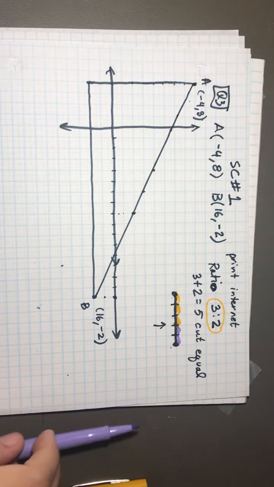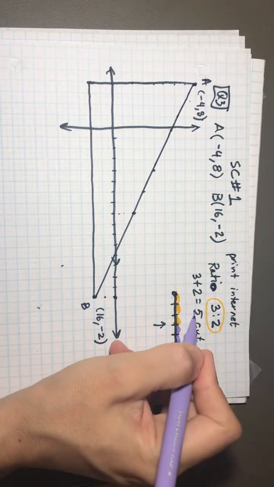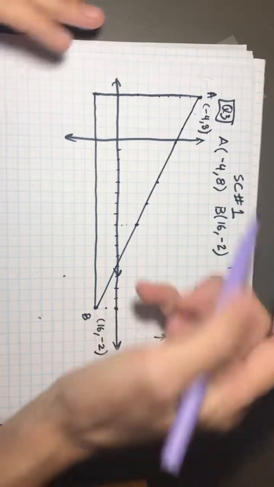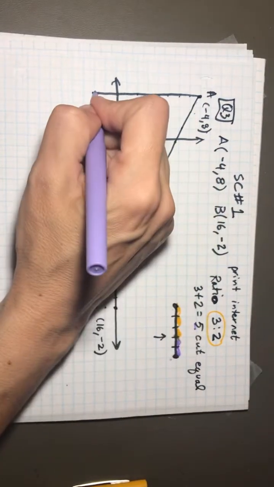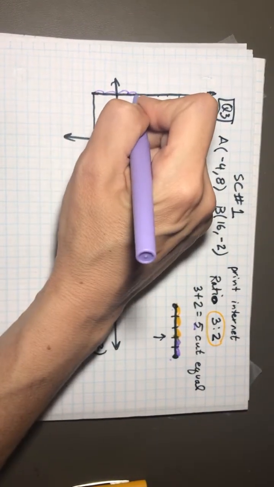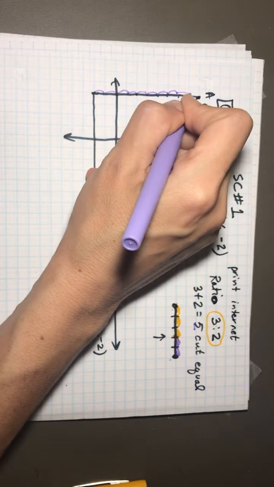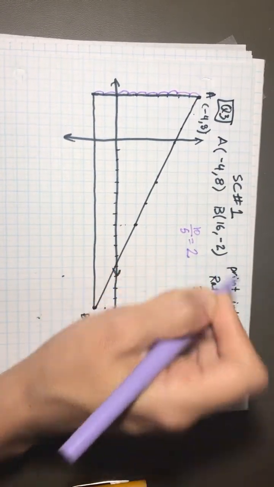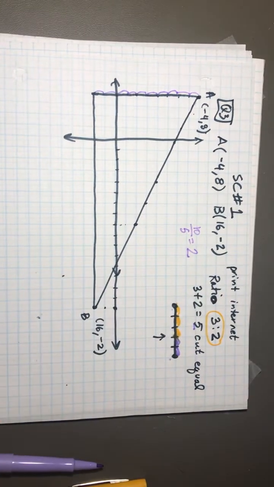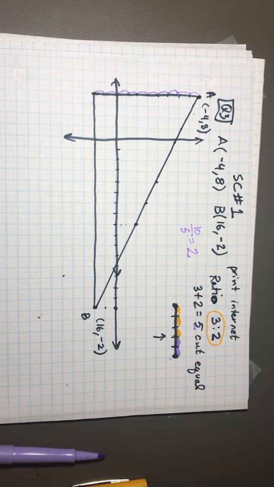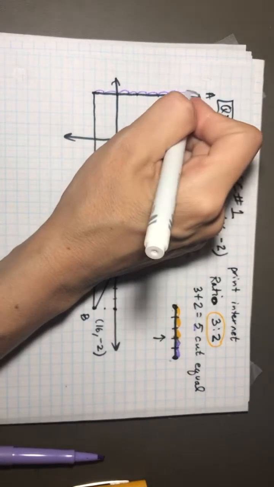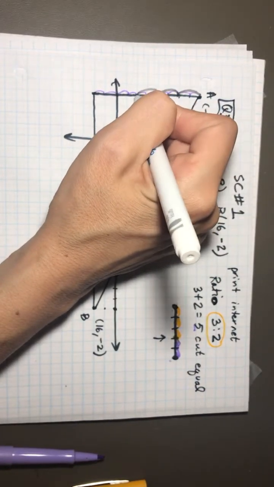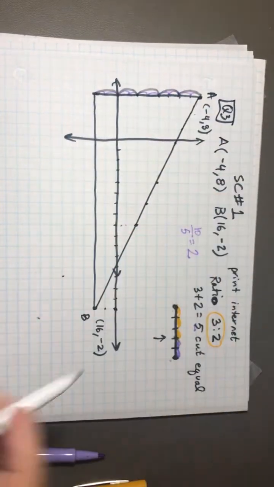We've got to cut everything in 5 equal pieces. So as I count these boxes, I got 1, 2, 3, 4, 5, 6, 7, 8, 9, 10. The number 10 is pretty easy to cut in 5 equal pieces. I just need sections of 2. So as I look at sections of 2, I can just hop by 2s. 2, 4, 6, 8, 10.